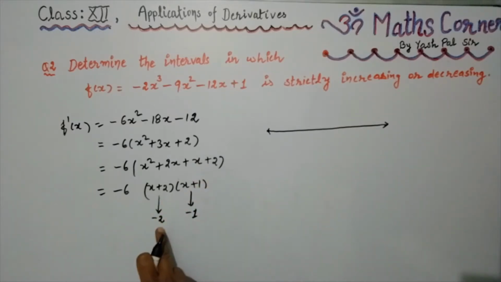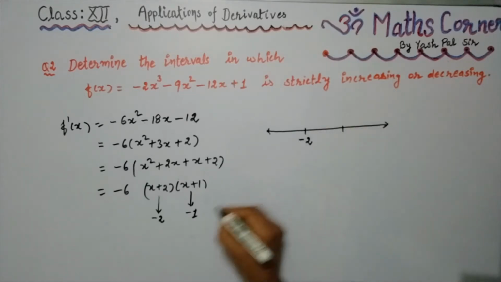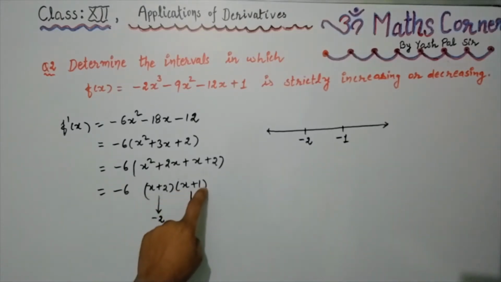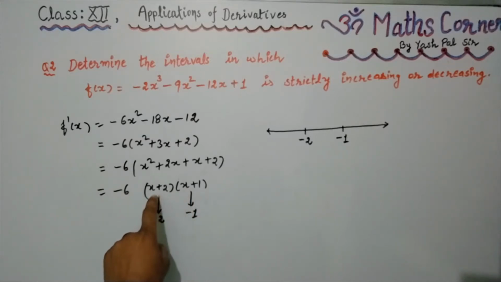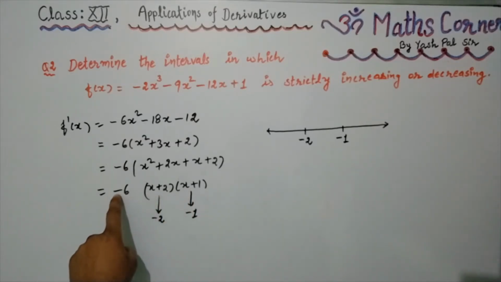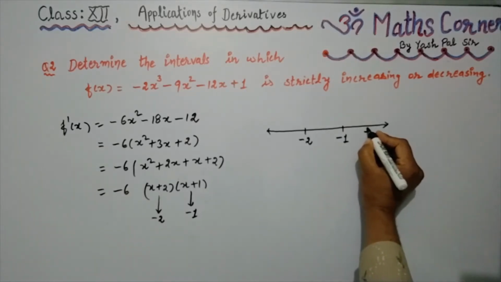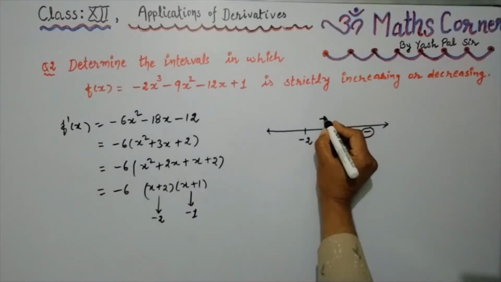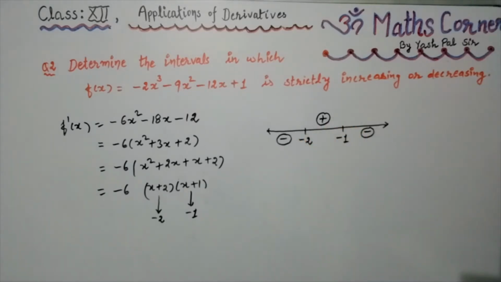In increasing order of these zeros, first of all we write minus 2, then we have minus 1. Because before these factors the starting sign is negative, we start from negative below the x-axis, then we write positive, again we write negative on the number line, right?